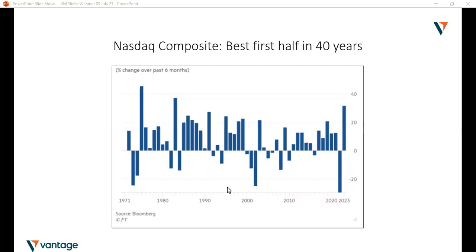On the macro front, it's packed. We get US labor market indicators, non-farm payrolls, but we also get those ISM surveys, which should give a fresh test of the US economy and its health, especially on the services side, which is out on Thursday. The RBA decision will be a close one.